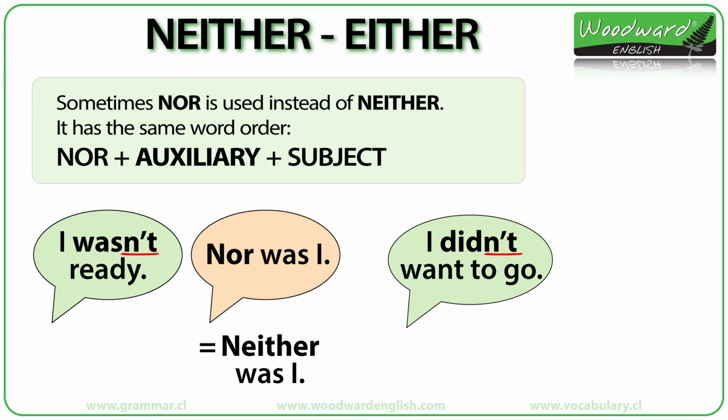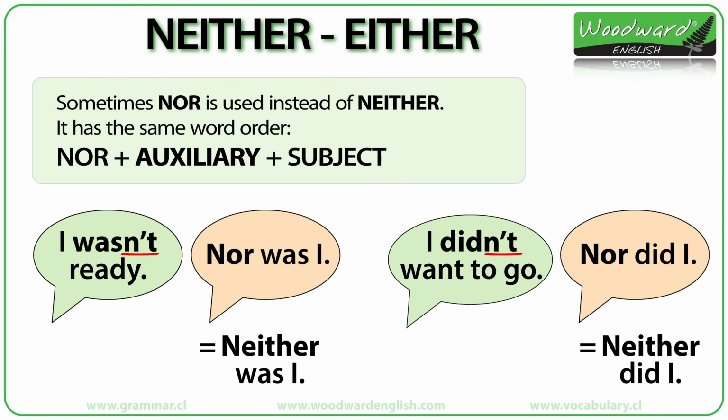If someone says, I didn't want to go, how could we respond to this using nor instead of neither? You can say, nor did I, which means neither did I. Again, both forms are correct.